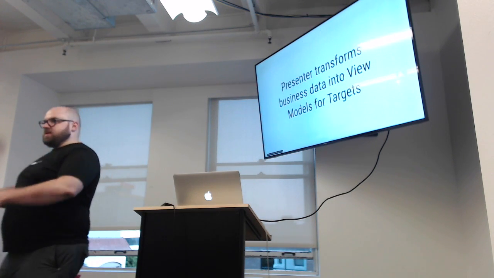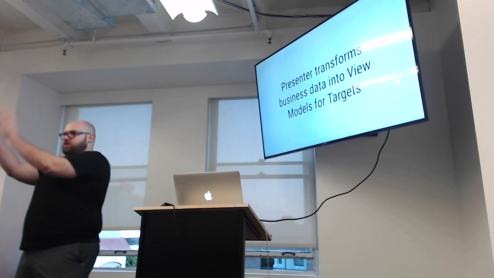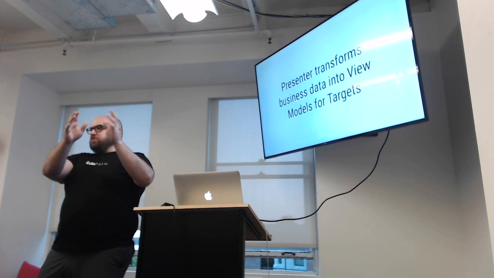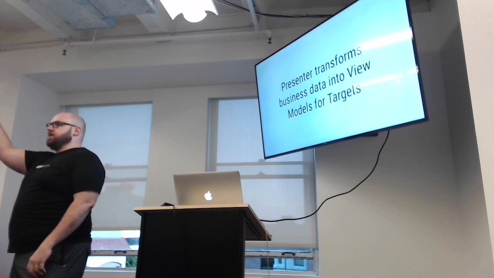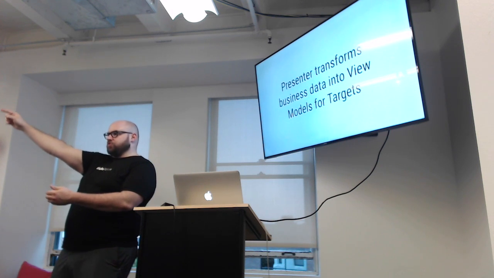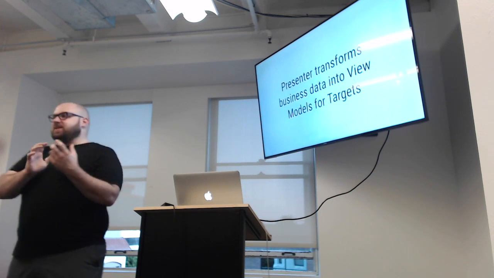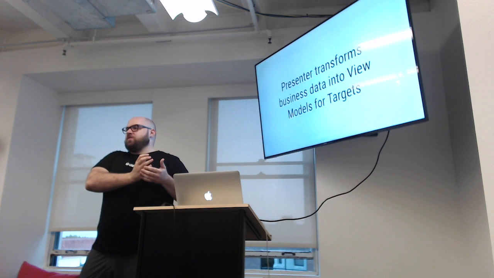So again, going back to these layers, we have our view, we have our presenter, and then everything over here is our data layer. An event happens in the view, it talks to the presenter, the presenter talks to the data layer and says, hey, I'm interested in something happening. The data layer comes full circle and gives this data back to the presenter. But like I said, sometimes the data we get back doesn't make sense to show in the view.